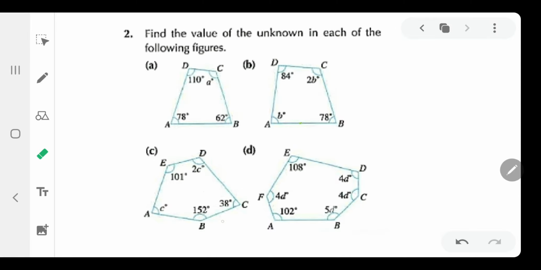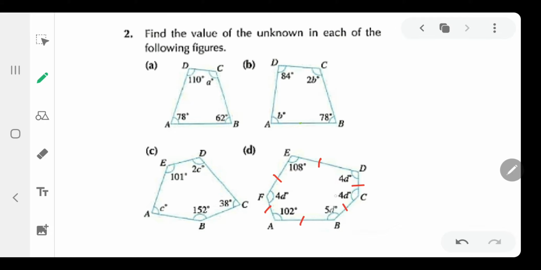I am more interested in solving part D. So how many sides are here? 1, 2, 3, 4, 5 and 6. There are 6 sides. So first we have to find the sum of the angles of this polygon, right?